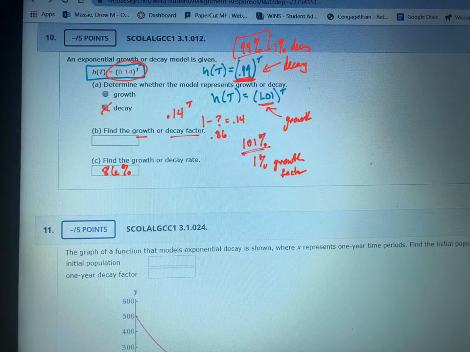Actually, maybe that's not right either. This number is just a 0.14 growth or decay factor, and it says find the growth or find the decay rate. The decay rate is going to be 86% decay. Yeah, I think that's how you do it.